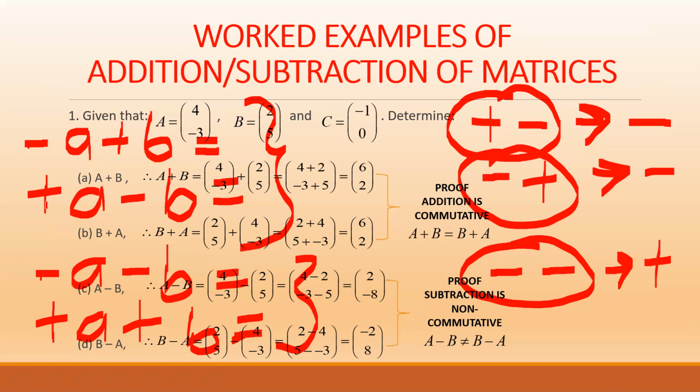Whenever you're adding or subtracting directed numbers, you must only subtract when the signs are different between the two numbers. However, when the signs are the same between the two numbers, you must add them and keep the sign, because you can only keep the sign if the signs are the same.